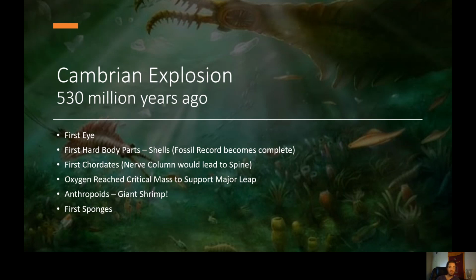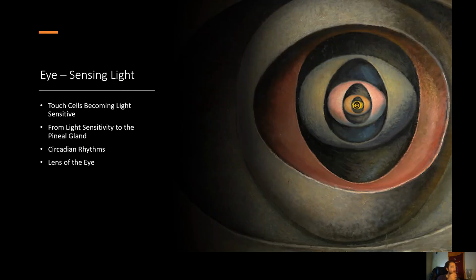So 530 million years ago, a lot of the species, a lot of the phyla, a lot of the major breakthroughs that are essential to us today seem to have taken hold. The first eye, the first hard body parts, the first spinal column. Well, at the time, a cord, nerve cord, dorsal cord. And then the rise of this eye, as we're talking about.